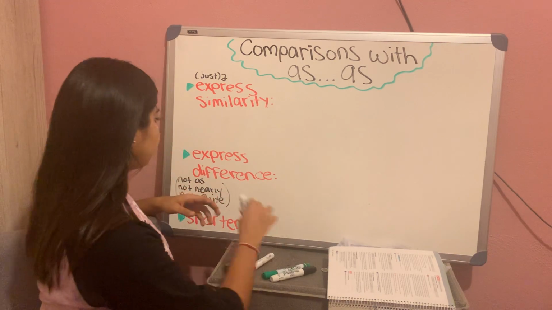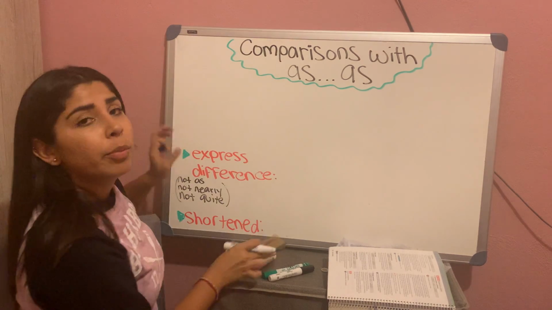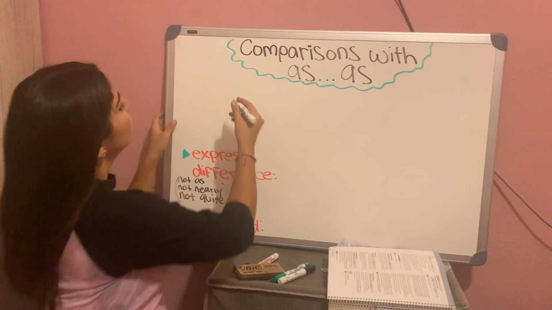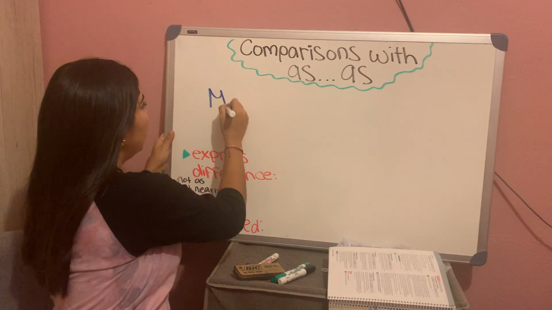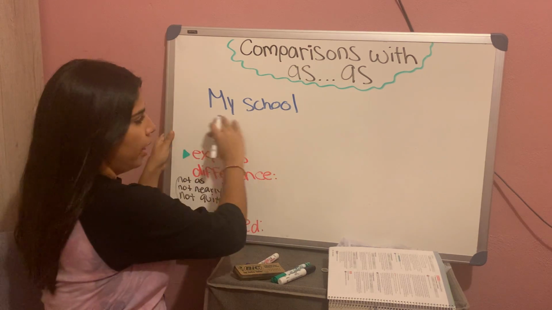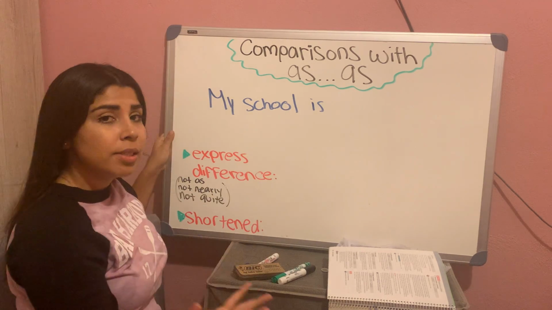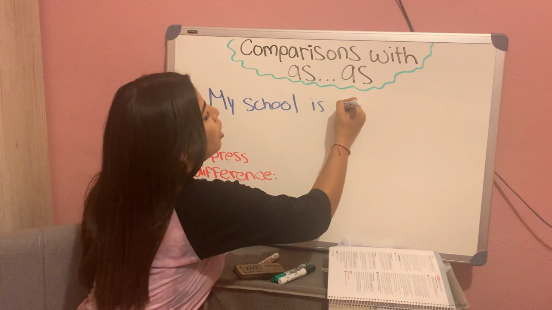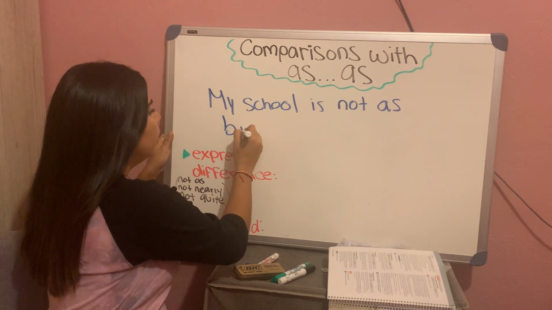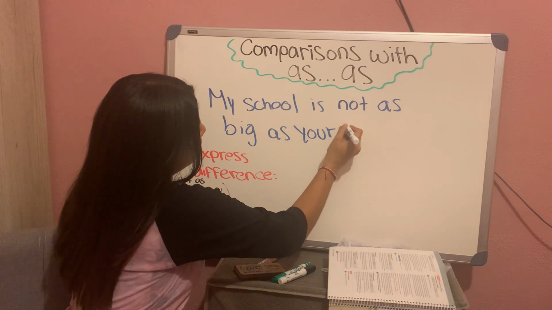So I can say, I'm going to erase this so I can write the examples at the top. My school, so I have the subject, is, verb to be, but now it's negative, so I will add not as big as yours.